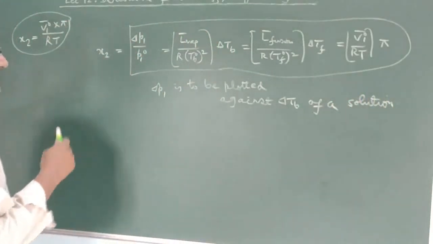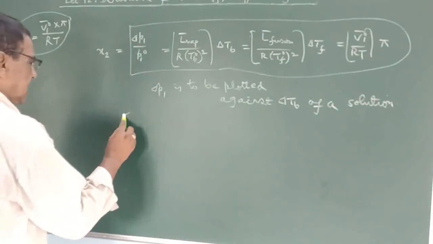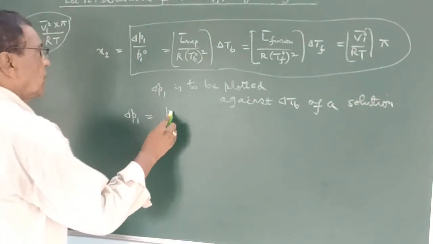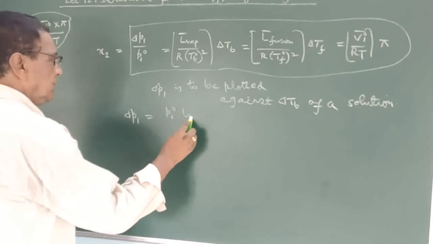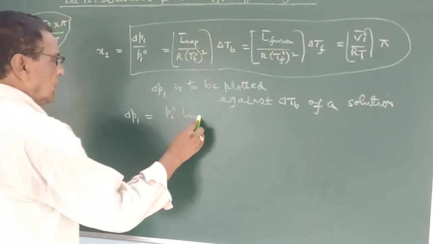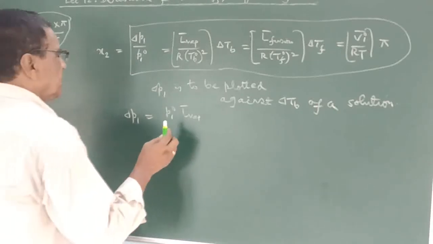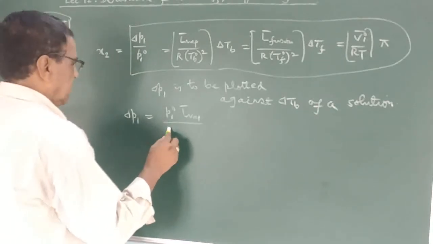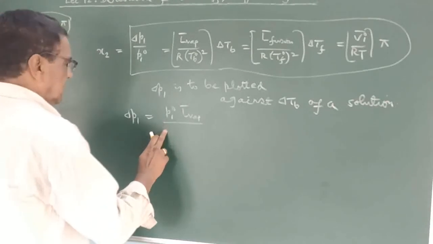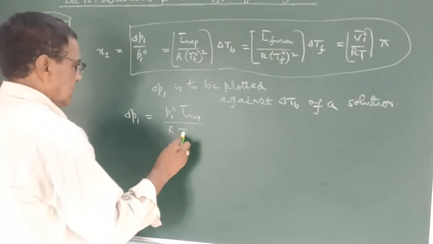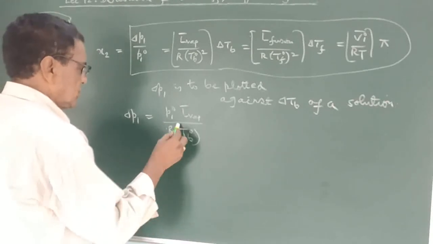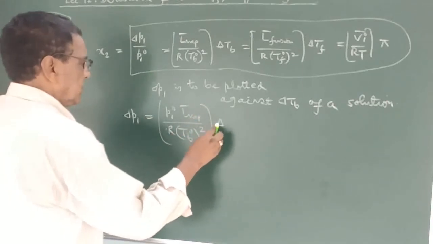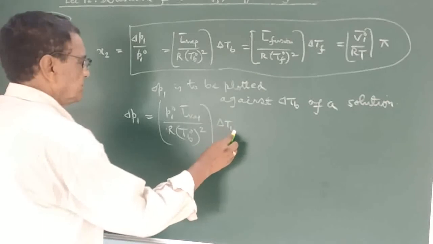In this case, delta P1 equals P1 naught into L, the molar latent heat of vaporization, divided by R TB naught square into del TB.